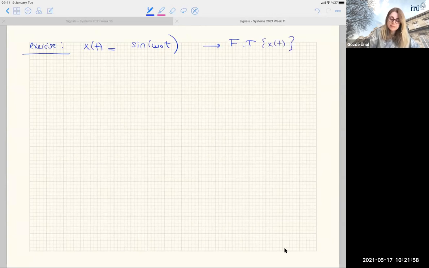You would just go and say 1 over 2j times e to the j omega 0 t minus e to the minus j omega 0 t, and from here map it to the corresponding delta functions.